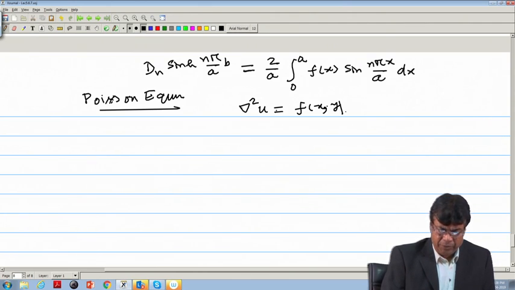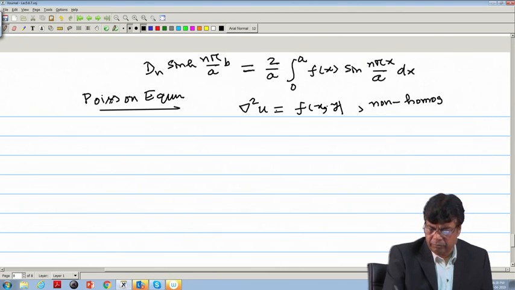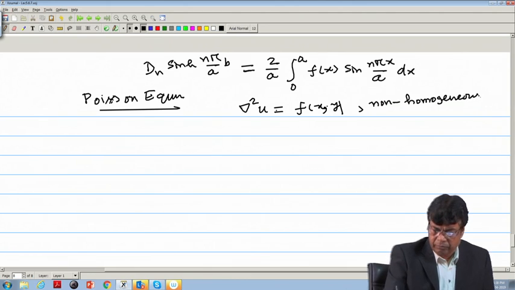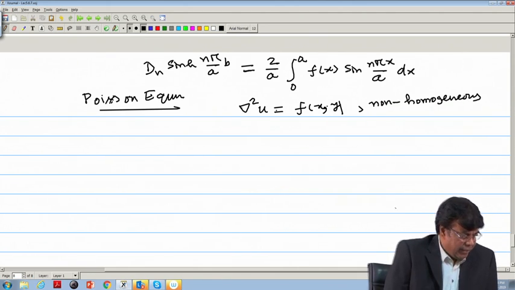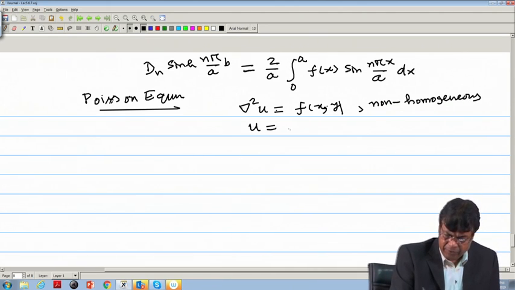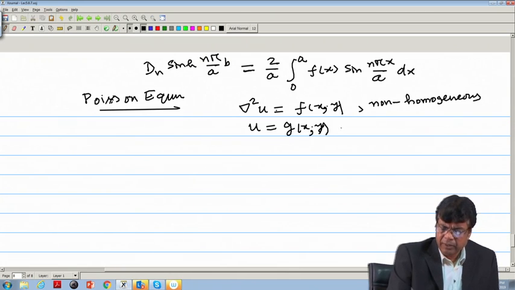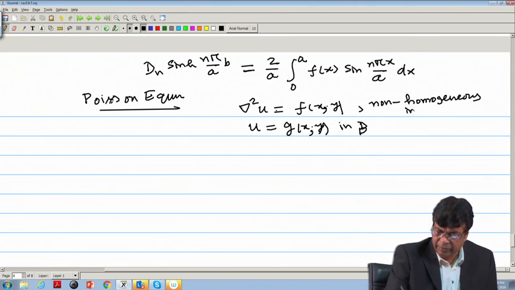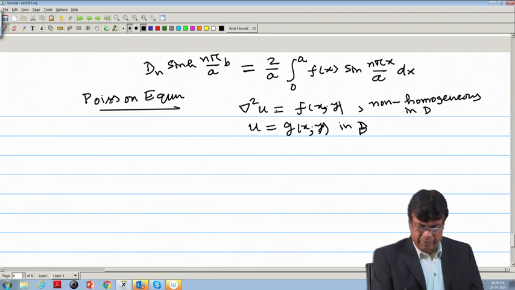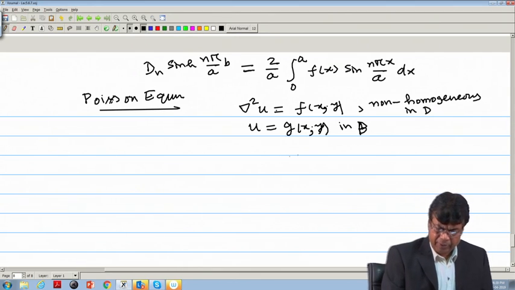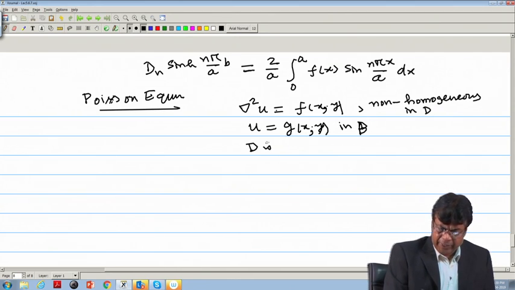So this is a non-homogeneous equation, and we can have a boundary condition, say u equal to maybe g x y on B, which is the boundary, non-homogeneous in D. So B is the boundary of D. D is bounded by B.